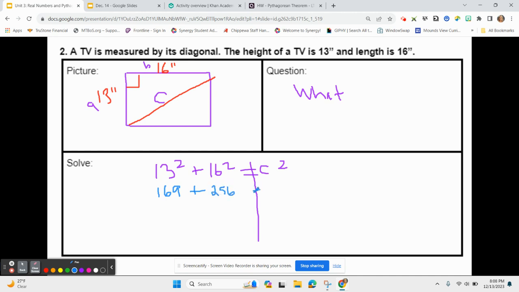So let's see if we've got a perfect square here. So 169 plus 256 gives me 425. Now, that's my c squared. I don't really care about c squared. I want to get the distance all by itself, c. So finish it off by finding the square root. The square root of 425 is 20.6. Let's go with feet.